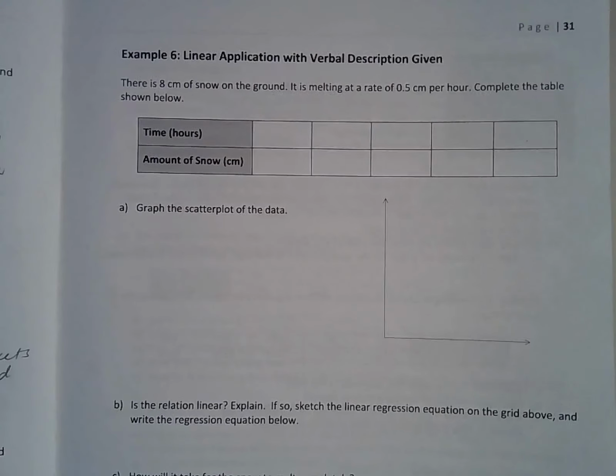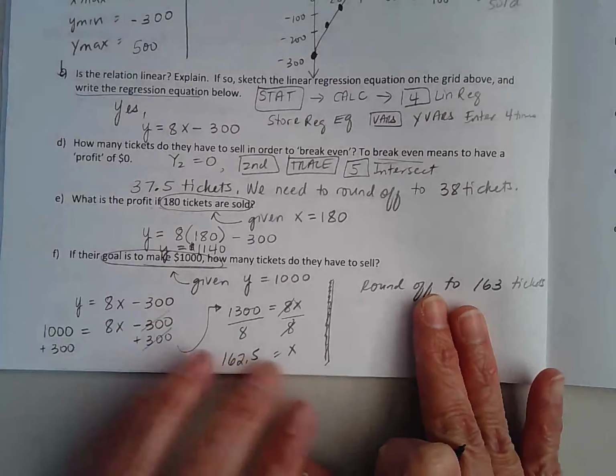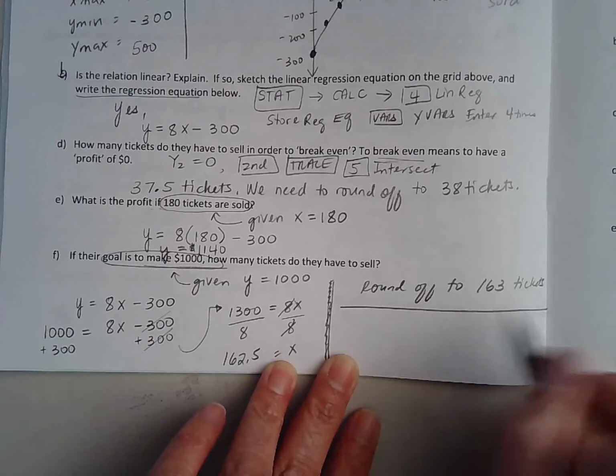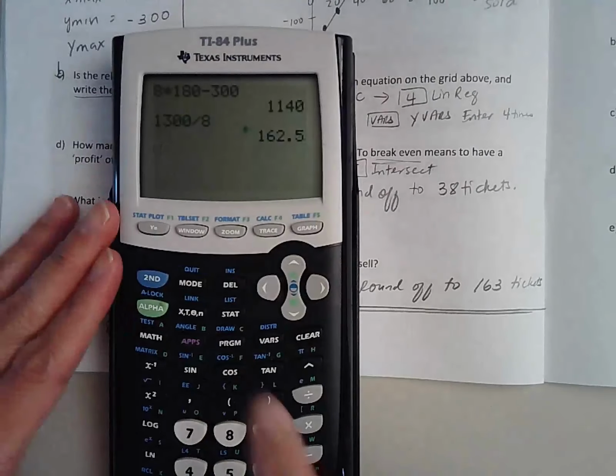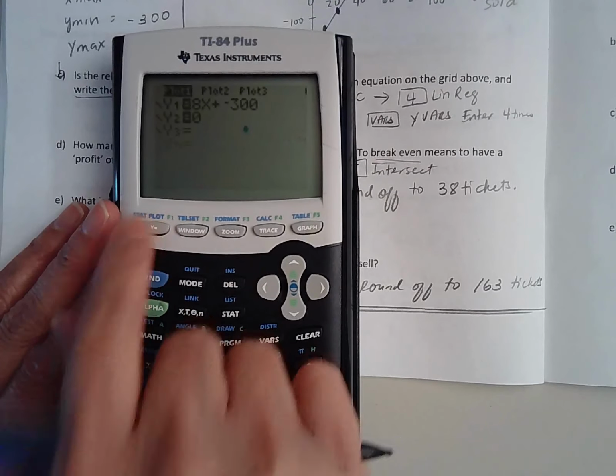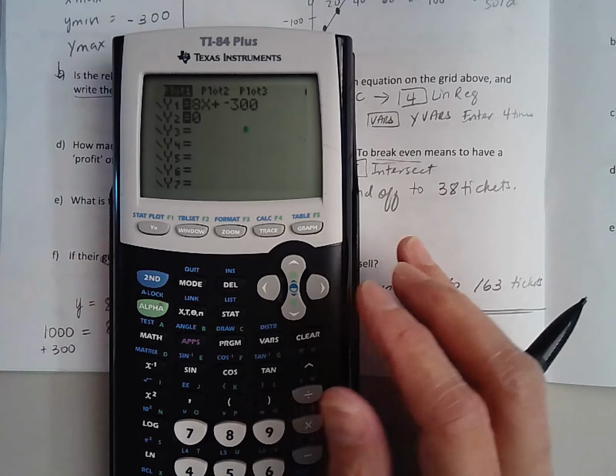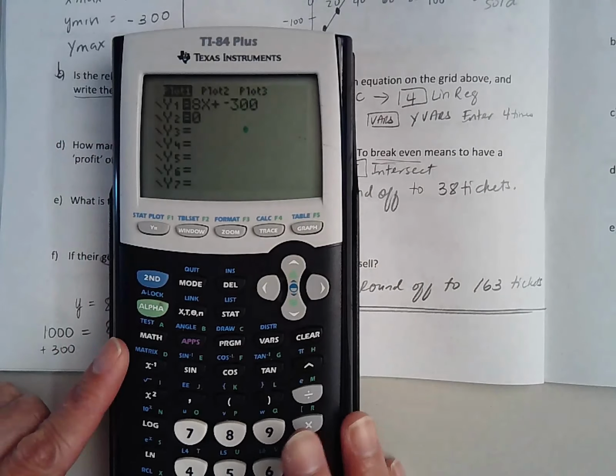I know, it's long. How do you do this with a calculator? Okay, here's what we're going to do. y2 is equal to 1,000.